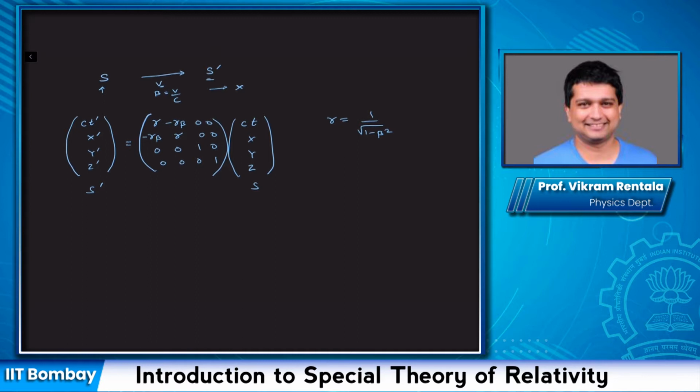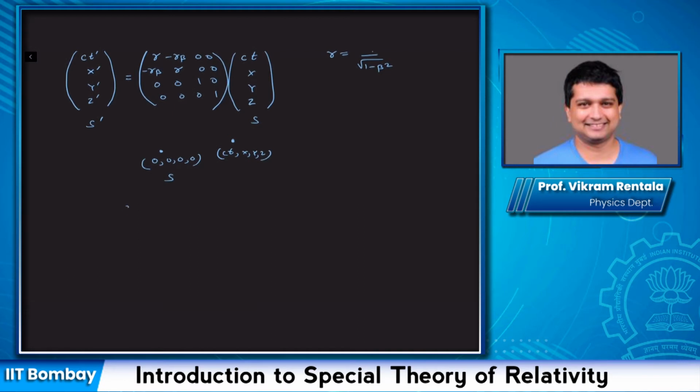Okay, in this case it's the interval between, let's say, the point 0, 0, 0, 0 in frame S, that is time is 0, space coordinates are 0, and the spacetime point with coordinates ct, x, y, z, also in frame S. And if we construct this quantity, okay, this quantity is what we call delta s square, or ds square if t, x, y, z are infinitesimally small, and this is called a spacetime distance.